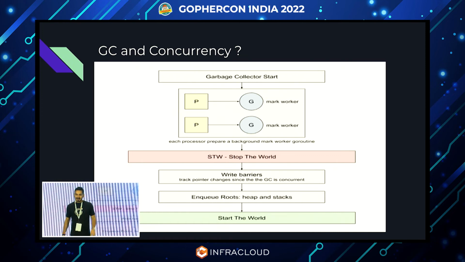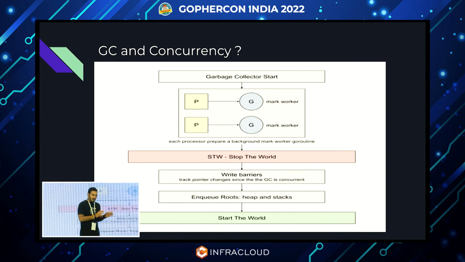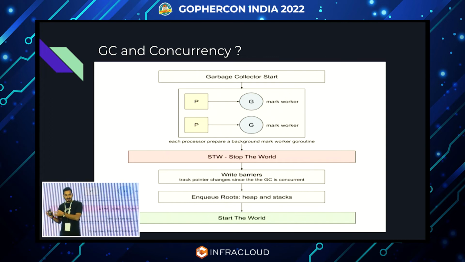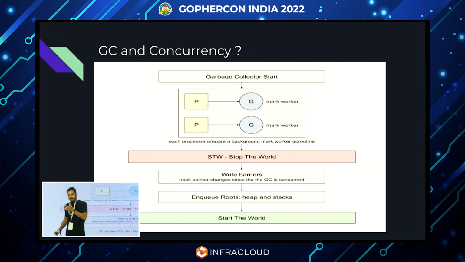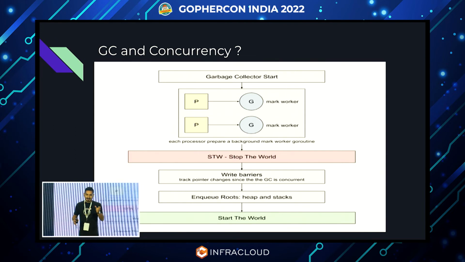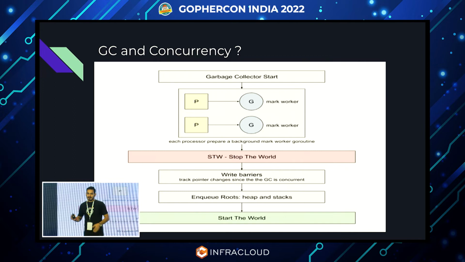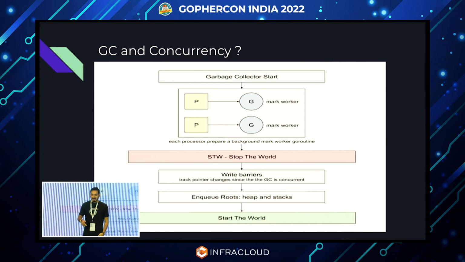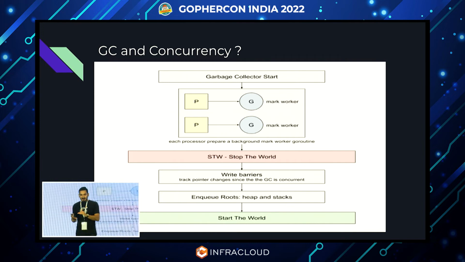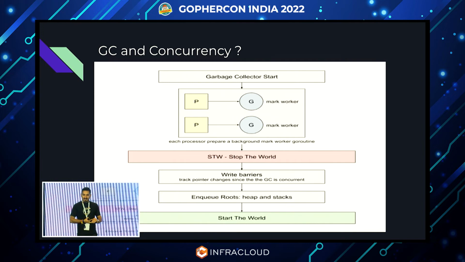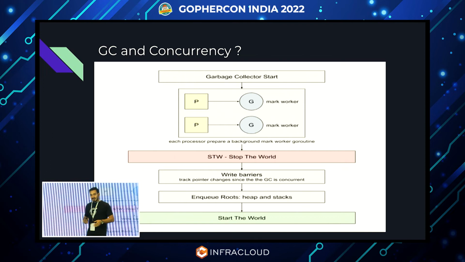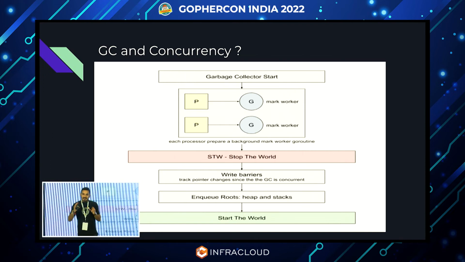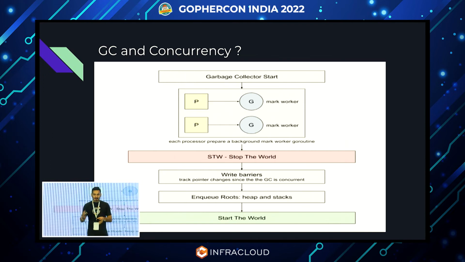What the write barrier does is, whenever a goroutine modifies some pointer, it marks the reference to that pointer as gray so it can be rescanned. That's the use of the write barrier. After turning on the write barrier, it starts the world again and starts the mark process, and the usual GC process kicks in.